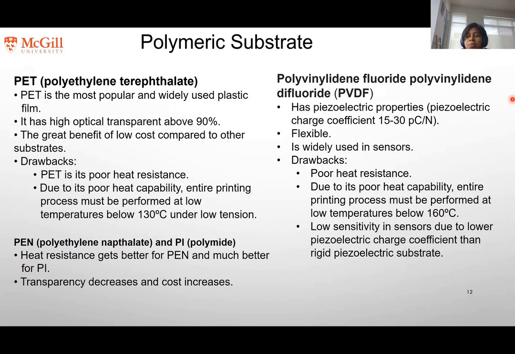So the PVDF sensors, of course, have lower sensitivity and lower performance than the ones you make with rigid substrate using conventional microfabrication technology.